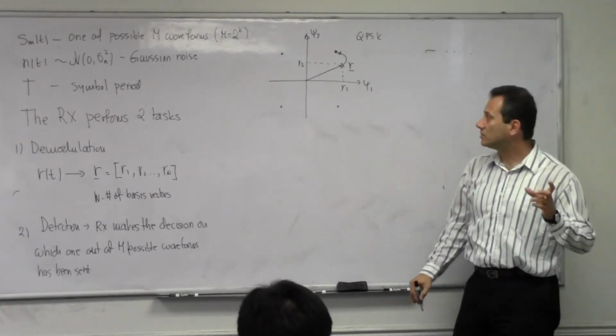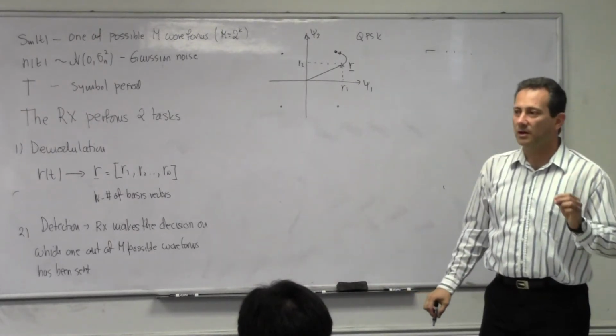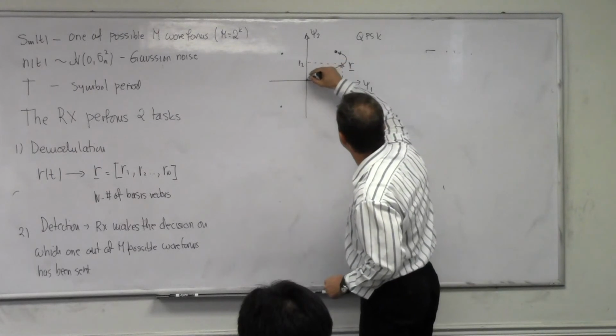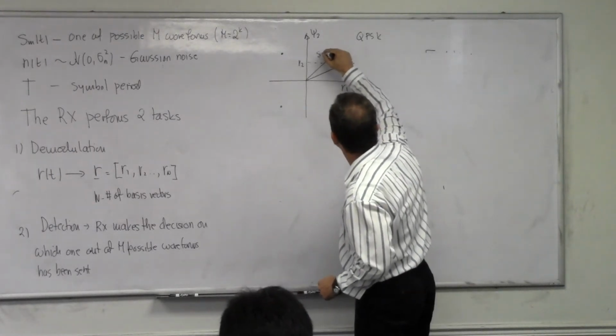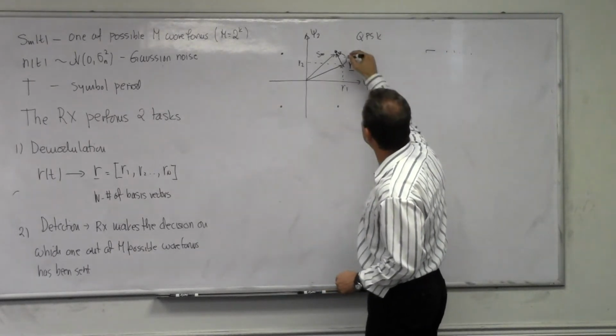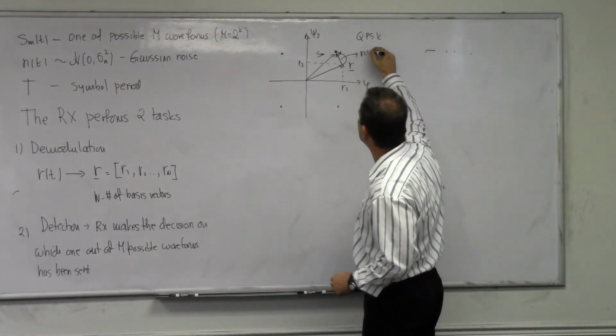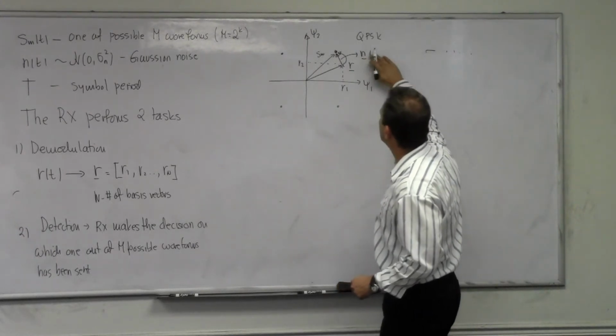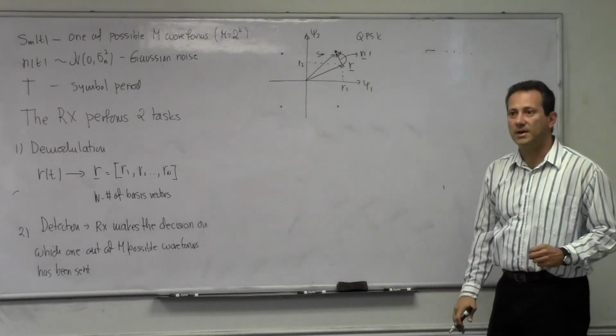The way I usually explain this process: first, let's look at this. This is your s_m. What is this difference here? This is your noise, n, as it appears in this space, right?